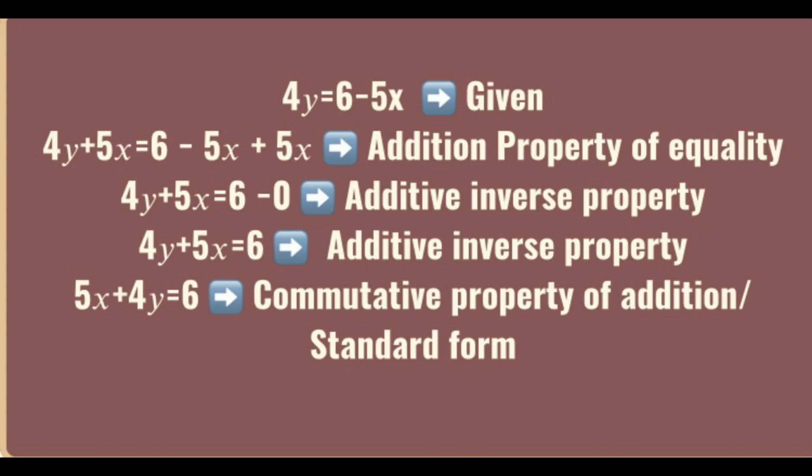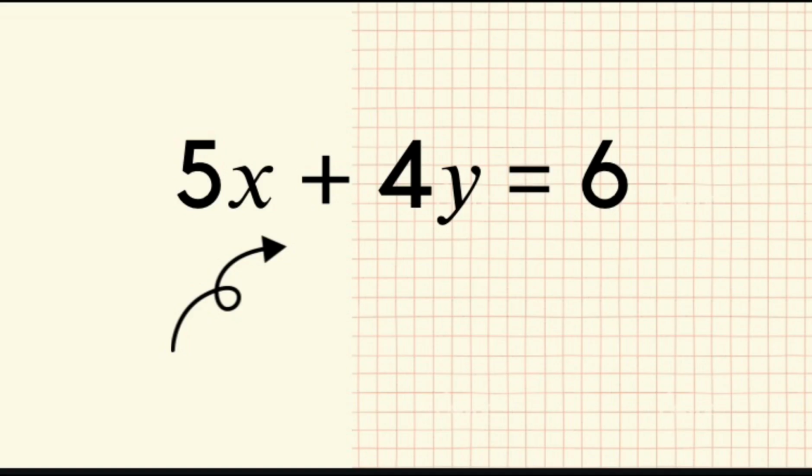And now, use the additive identity property so that we have 4y + 5x = 6. For us to determine the standard form, we can use the commutative property of addition. Putting 4y after 5x, we now have 5x + 4y = 6. Therefore, 5x + 4y = 6 is now written in standard form where a = 5, b = 4, and c = 6.